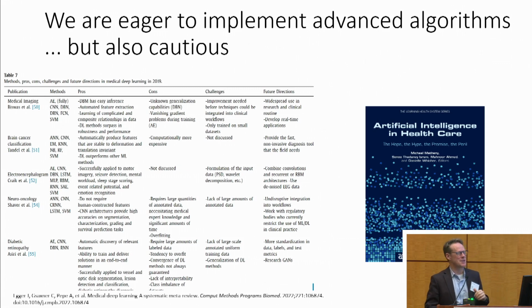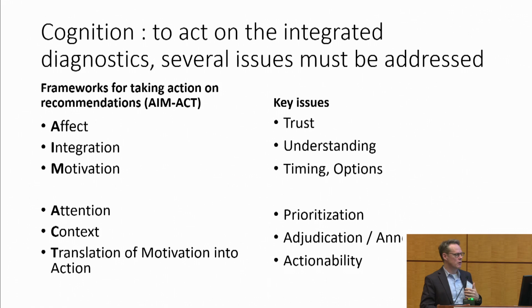I think that's sometimes what we think about. But even in this big review of deep learning, you see they've got pros and cons for every result. So there's all this nuance that just doesn't lend itself to this sort of global evidence as a single factor, but has to be interpreted. And that is one of the hardest parts.